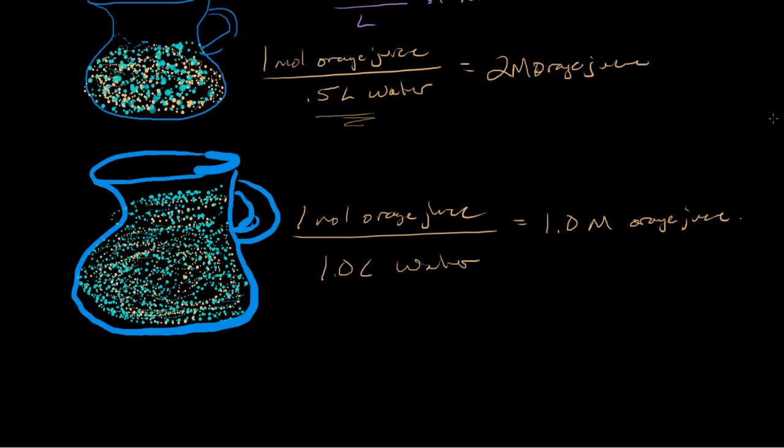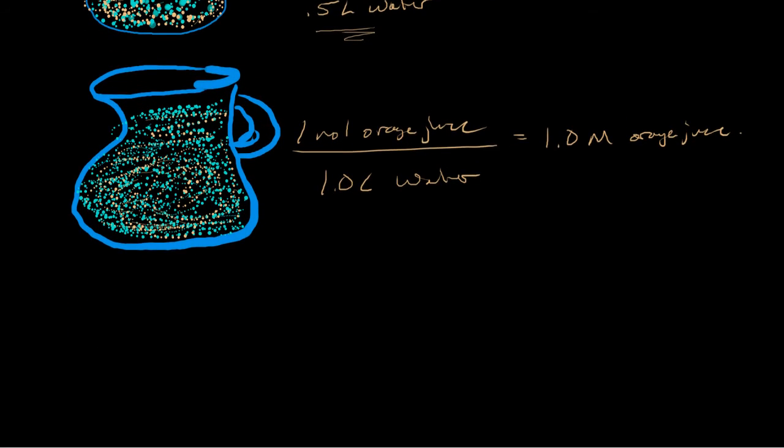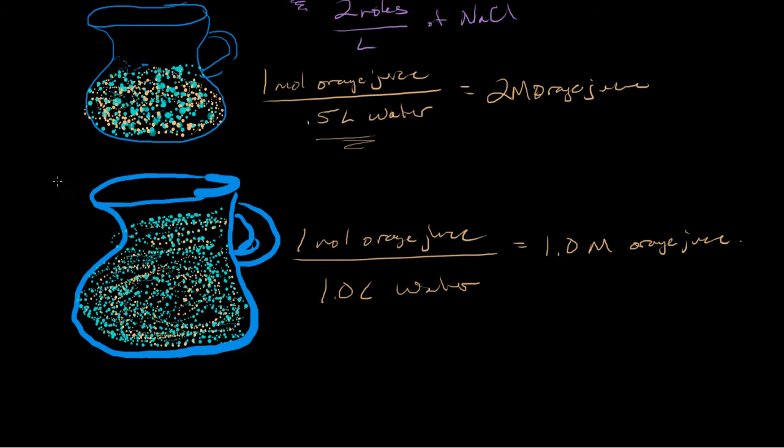We can actually use this to make dilutions. If we take, say, 10 milliliters of this 1.0 molar OJ, 10 milliliters is 0.010 liters of 1.0 molar.